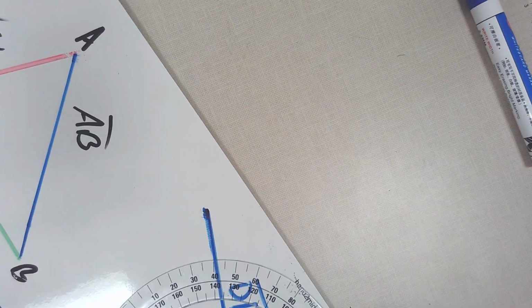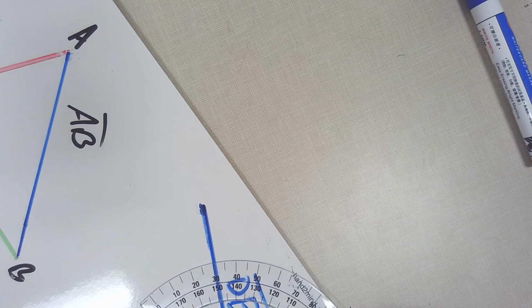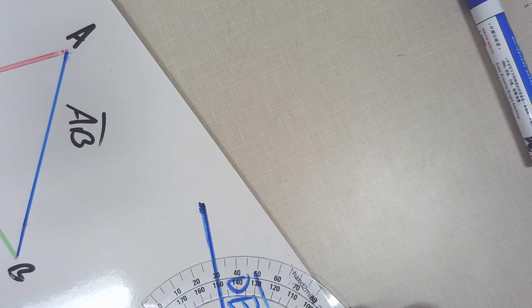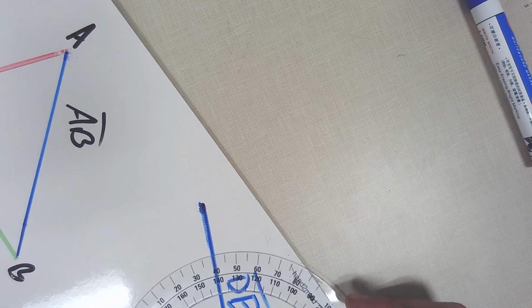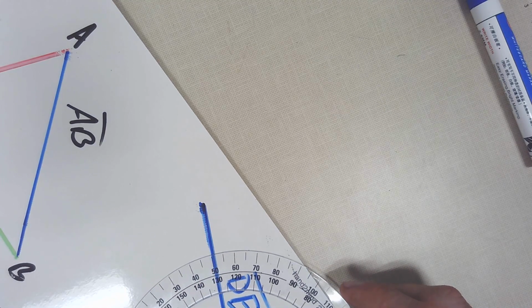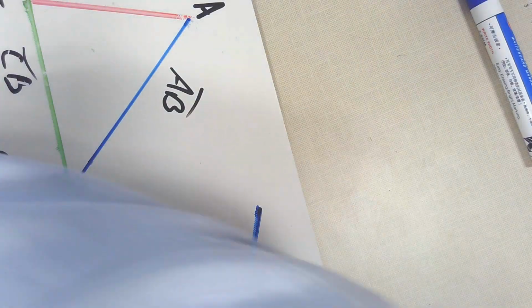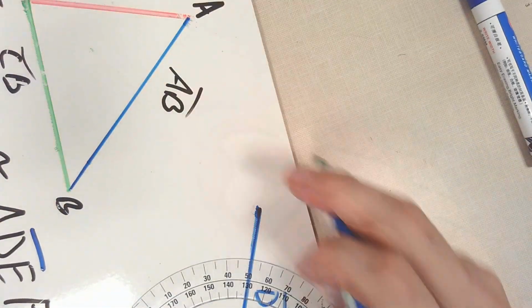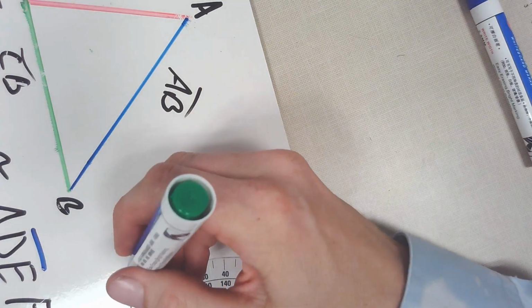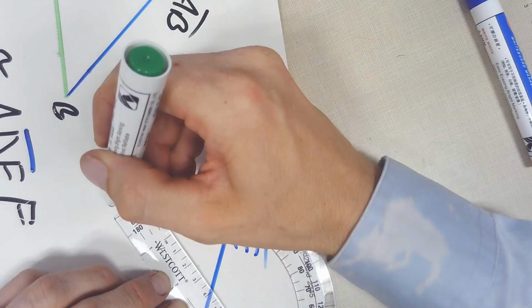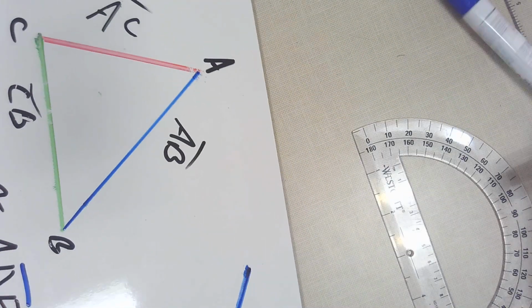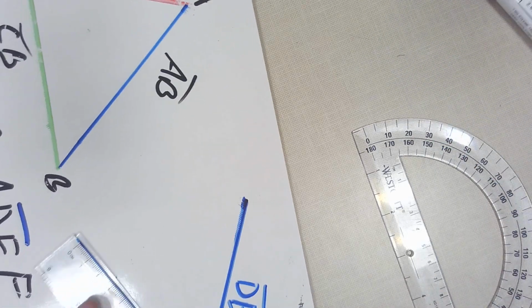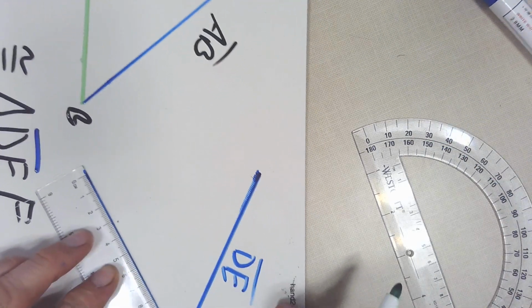But I don't need to know that specifically for this. So it would have to be something like this. I'm not teaching you how to use this yet, so for the 50 degrees, I'm just going to draw this kind of like a dotted line.